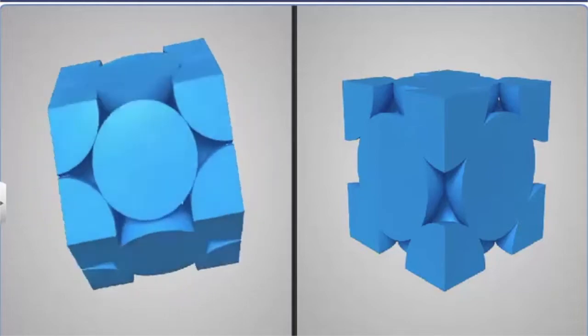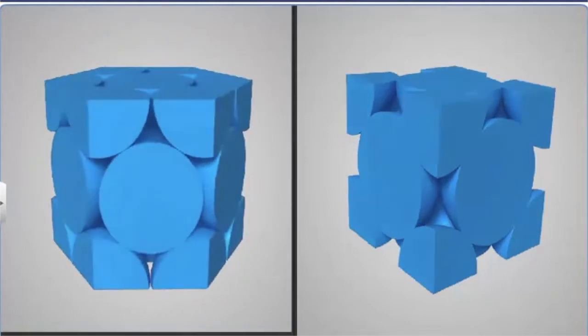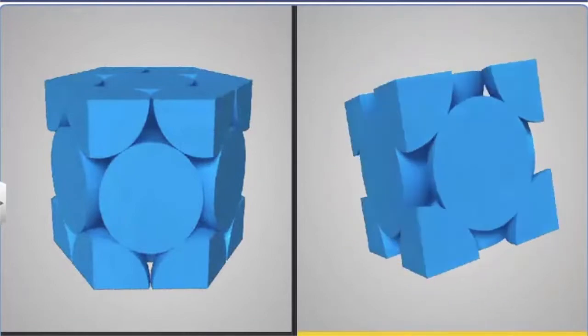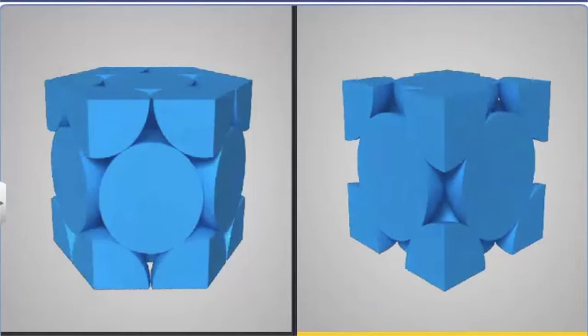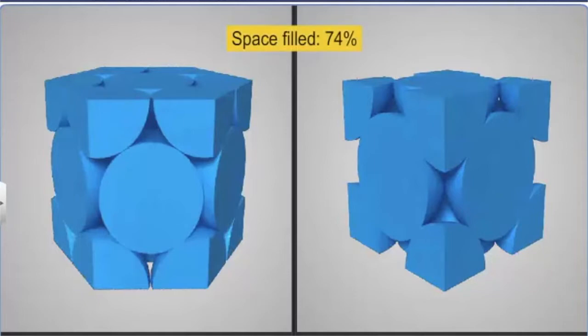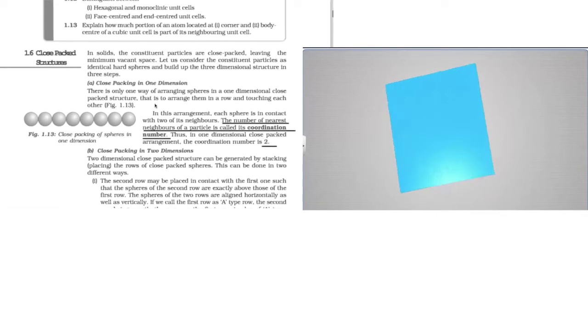Very important. What is the coordination number in hexagonal close packed structure and in cubic close packed structures? That is 12. And what is the packing efficiency? That is 74%.